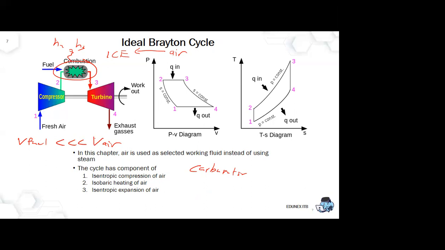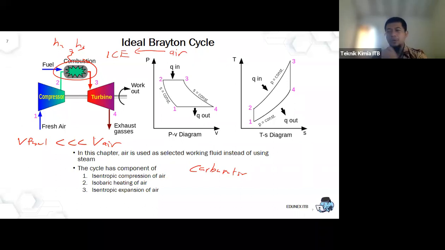Because it's much smaller. Actually it's not only air. Here there will be O2, nitrogen, CO2, and possibly CO. All together they are going to push the turbine, but only these two are regarded because the rest is really small.